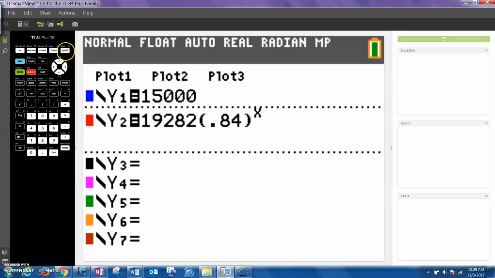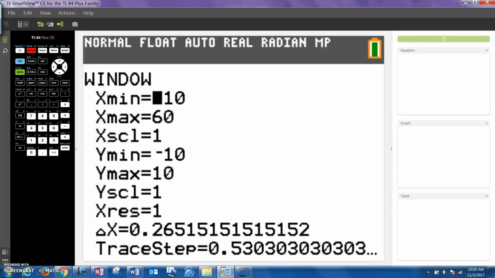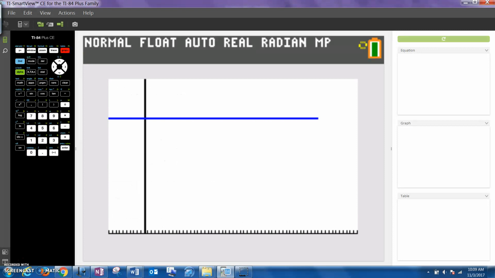Now, if you graph this right now, we're not going to see much. Think about how much this car is worth at the beginning. The initial amount is like 19,000, so we're going to have to change our y max, which is the highest point, to about 20,000. Now if I graph that up to 20,000, we can see where the intersection point is.